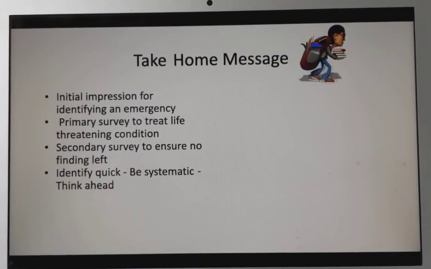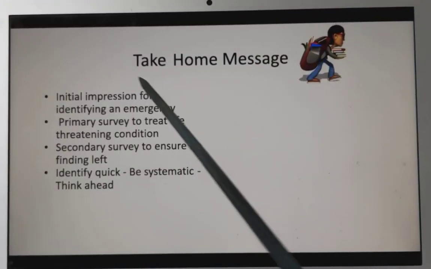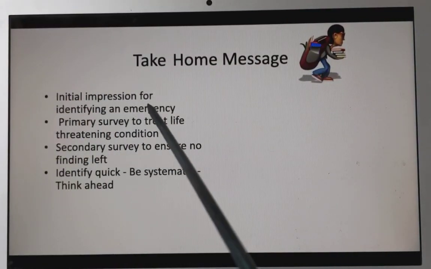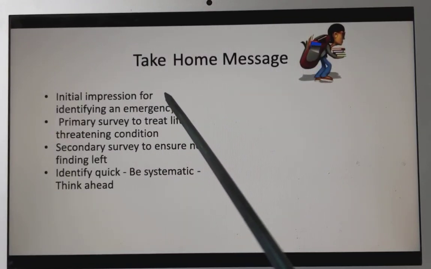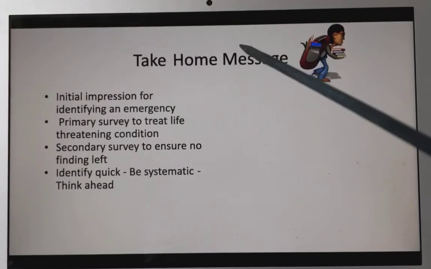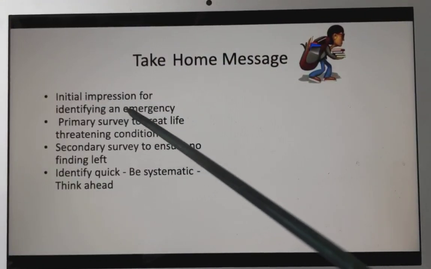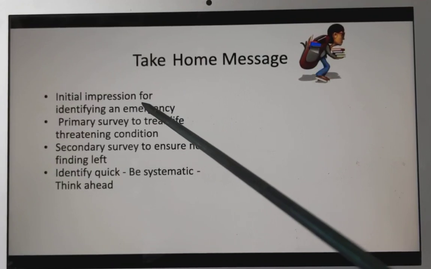So I want you to take home this message, that it is an outside-in approach. As soon as you look at a person, you should make an initial impression and identify whether it's an emergency.